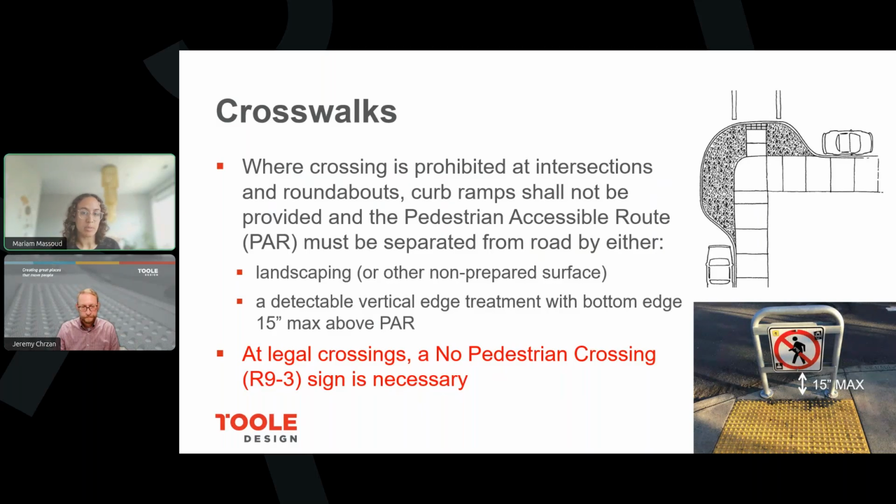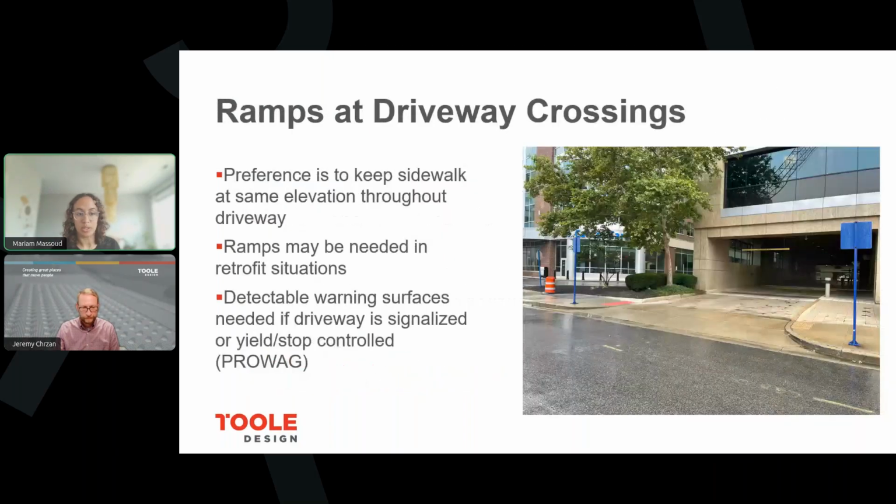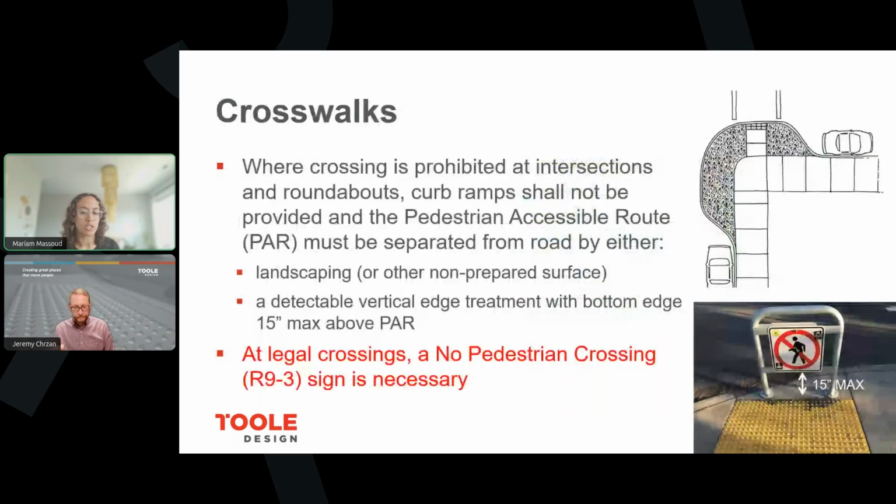One project example where this could come up is if you were resurfacing a really long, maybe urban corridor where there are sidewalks at every intersection and so there are crossings. Your project would be required to put curb ramps at all of those crossings. And then if you weren't putting curb ramps, you'd have to do the things on this slide to prohibit the crossing.